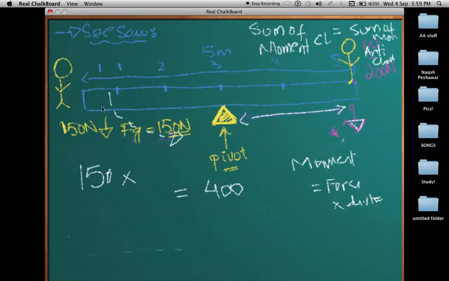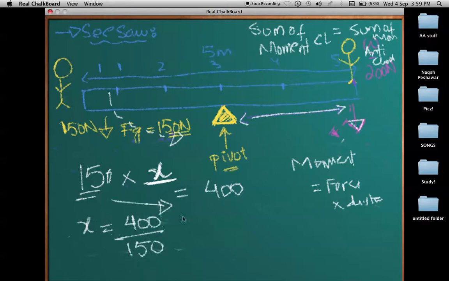I know the force, this is 150, but I don't know this distance here. So let me just assume that this distance is x. And when I multiply these two things, I would be getting an answer of 400 newton meters. So x is equal to 400 divided by 150.